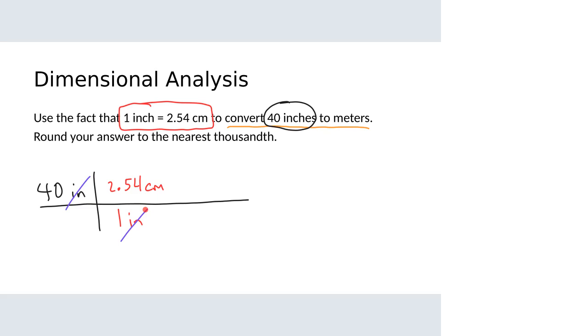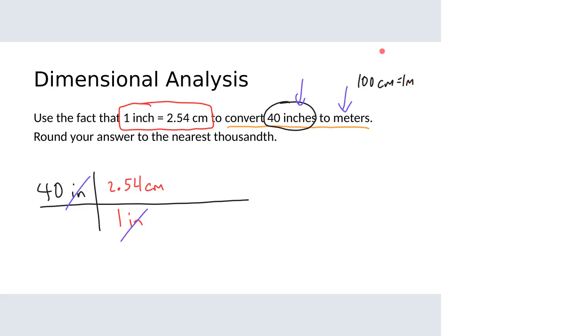This problem told me to convert inches to meters. Well, I started with inches and now I have centimeters. So I'm not done yet, but I'm definitely on the road. The next thing I'll need to use is a unit fraction that will convert centimeters to meters. Maybe the metric system is a little new, but there are 100 centimeters in 1 meter.